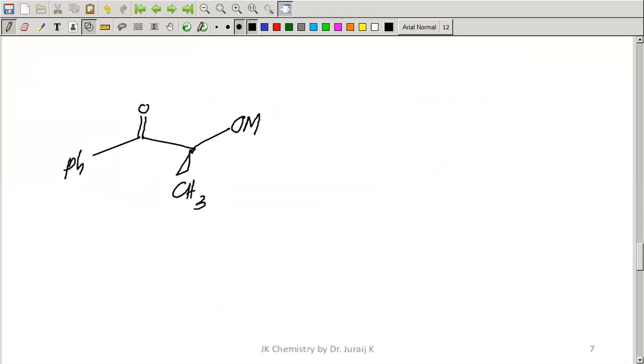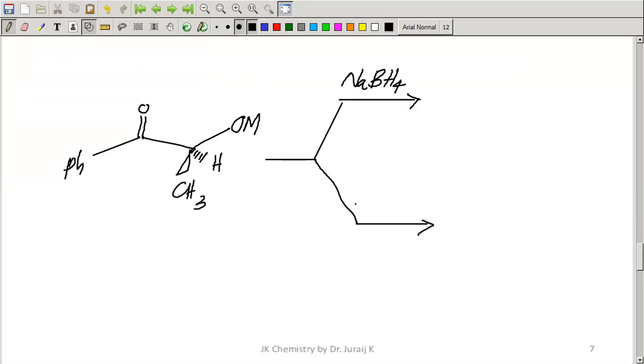And here it is wedge CH3 and dash H. And here we are doing two reactions on the same substrate with different reagents. That is the difference. First, I am taking sodium borohydride, NaBH4. In another situation, I am taking Me.